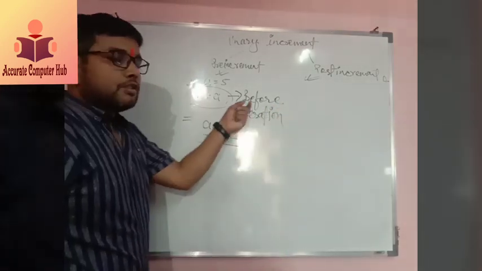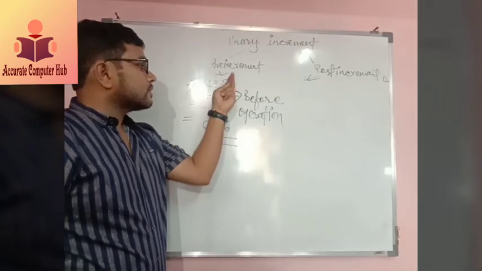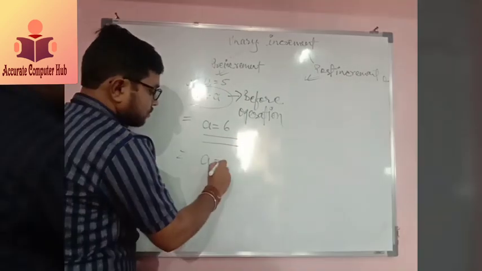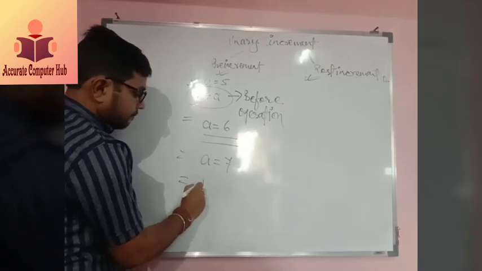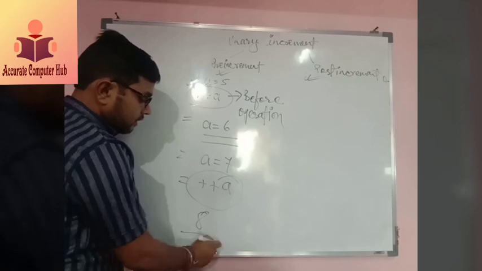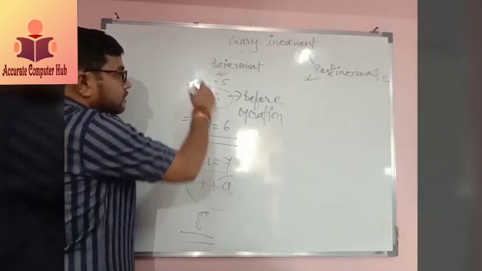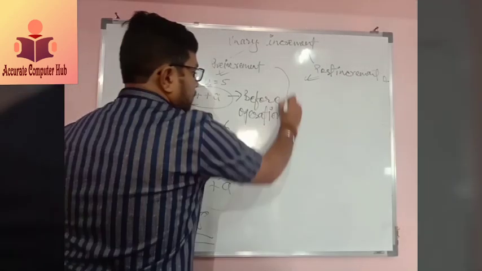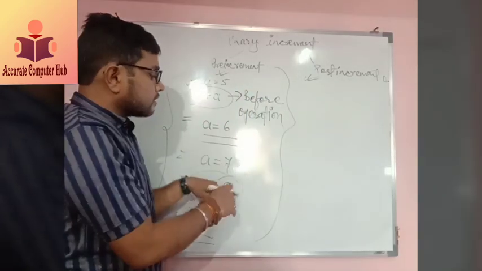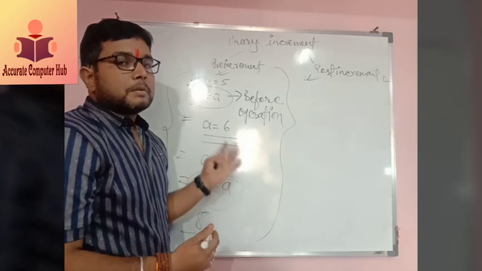Because you don't have to see anything, you have to just increase the value of a by 1. If a equals to 7 and ++a is given, then put the value of a equals to 8. Okay, this is called pre-increment, before operation. You don't have to think anything about that, just increase the value of a or any variable by 1.